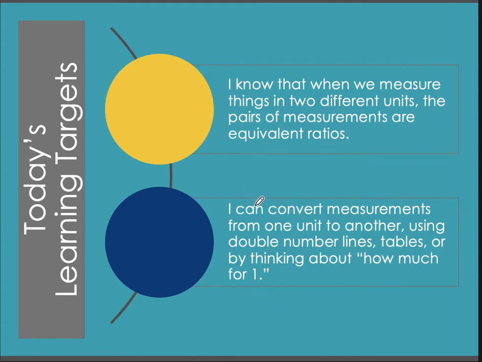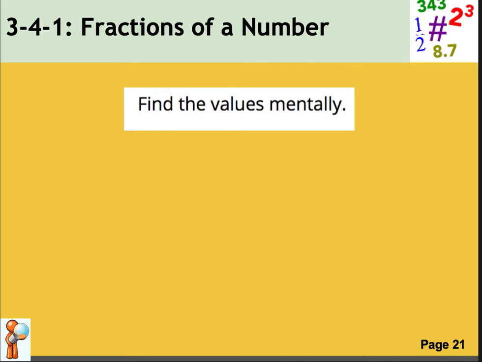I can convert measurements from one unit to another using a double number line, tables, or by thinking about how much for one. Really, our Unit 3 is building off of Unit 2. We're still using a lot of these tables and ratios. So I want you to find these values mentally.